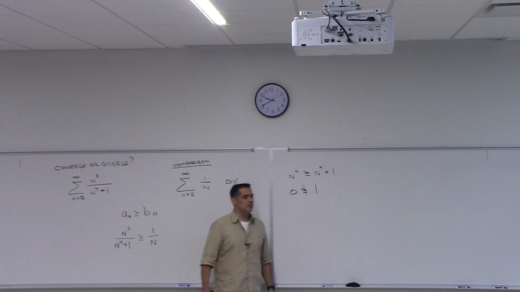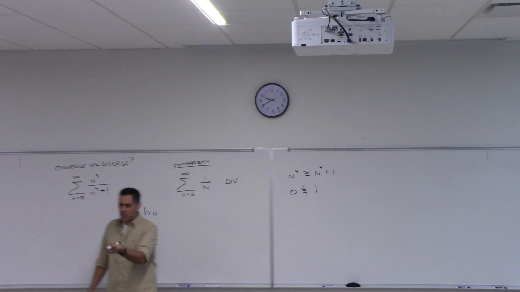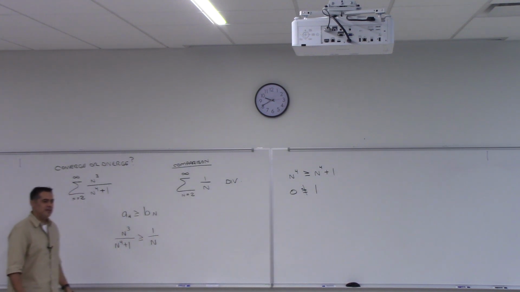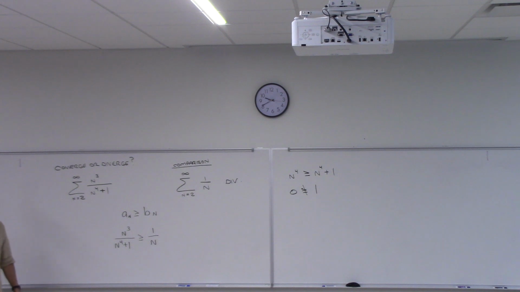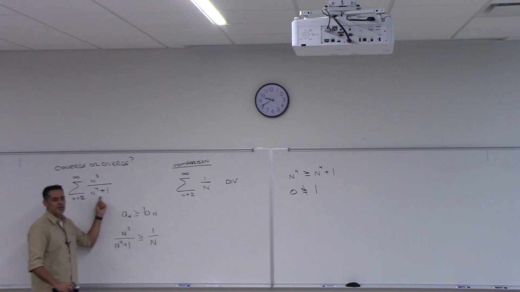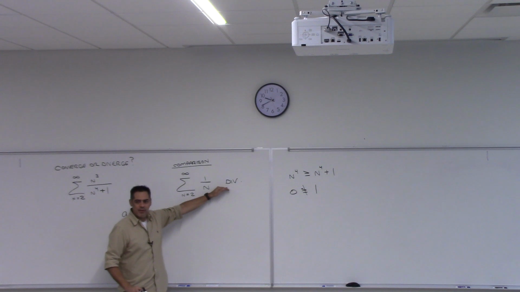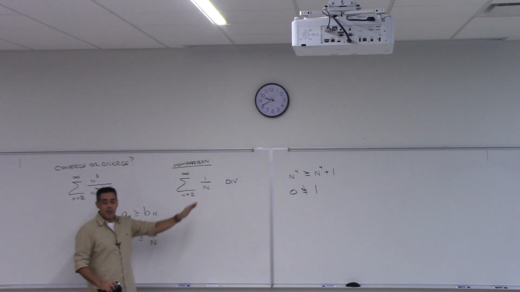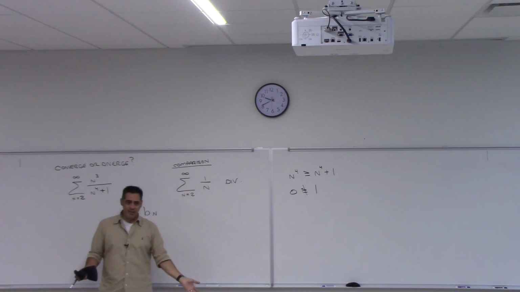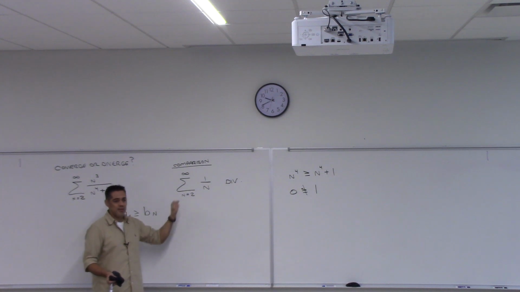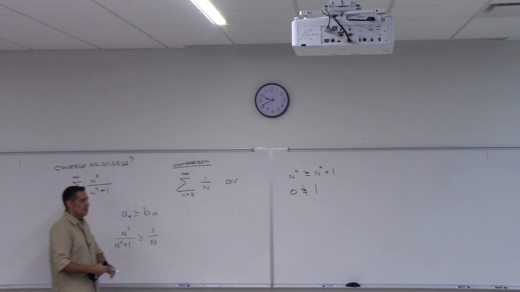That is not true. You see what a slight difference that made? I cannot draw a conclusion now. I cannot say, oh, this converges. I can't say that, right? We just talked about that. If you do a divergent comparison and you get your inequality to not work, it just means that the test didn't work and that your choice wasn't good enough to draw a conclusion.